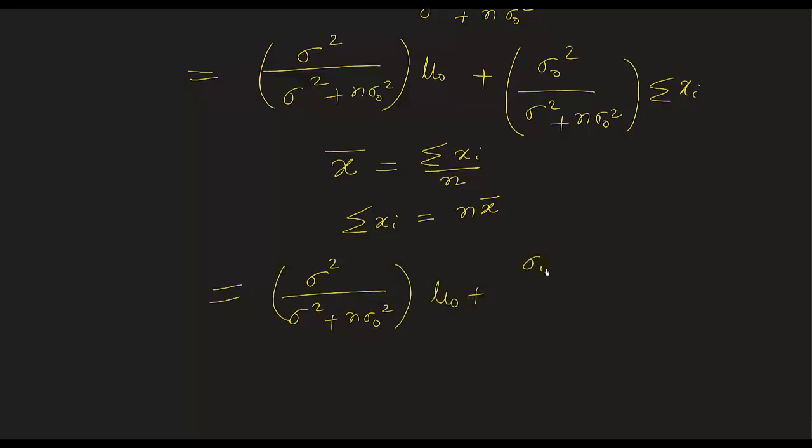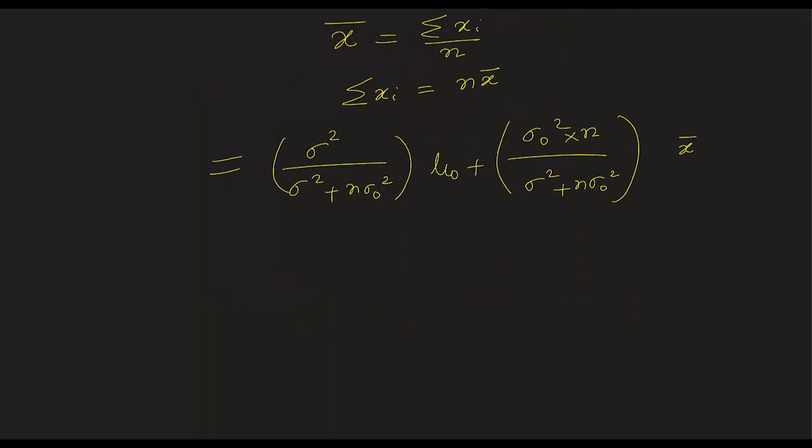this plus, and in this case this will simply become n times x bar. So I can take n inside also. So this becomes sigma square n sigma naught square. Now if you see one important point, this and this, if you sum, then this will be equal to 1.